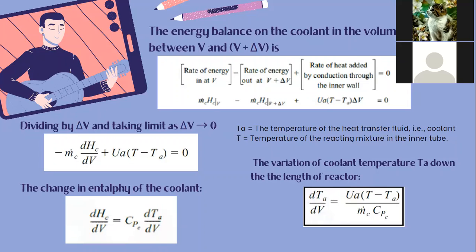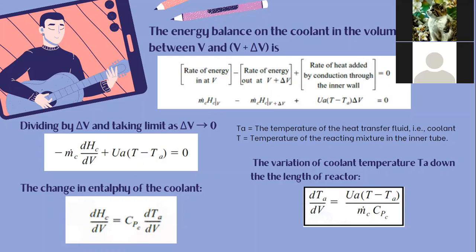By dividing by delta V and taking the limit as delta V goes to 0, it will become this formula, and the change in enthalpy of the coolant, as in the book, becomes Cp dTa/dV.